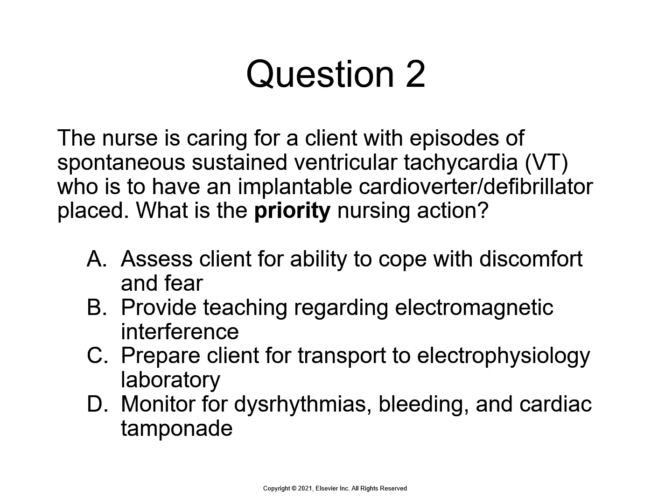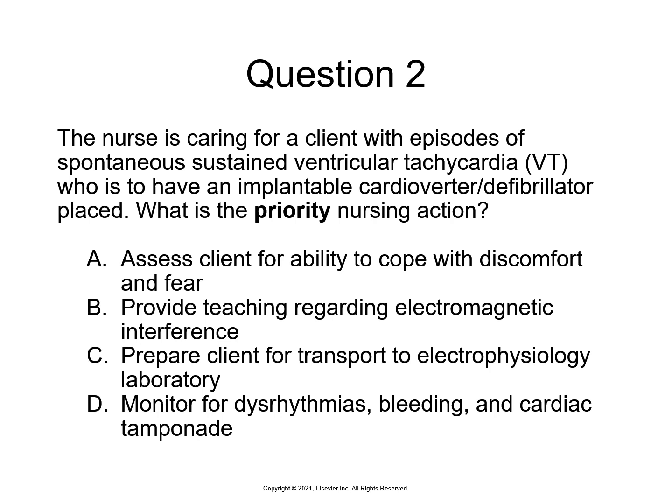So our second question is, you are caring for a client with episodes of spontaneous sustained ventricular tachycardia who is to have an implantable cardioverter defibrillator placed. What is your priority nursing action? So when we look at all of these, what is your priority?